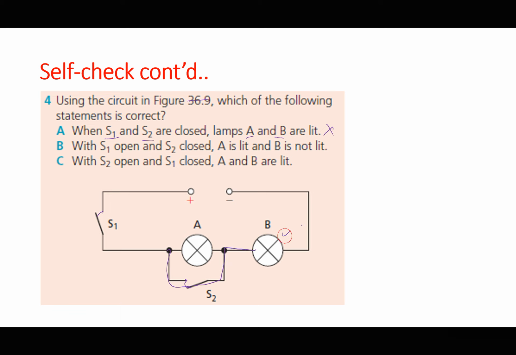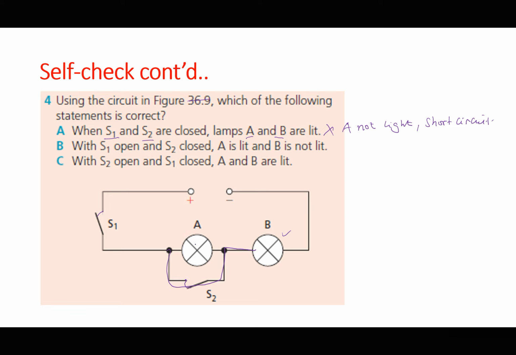So it will only be B that would light if both S1 and S2 are closed. So A will not light. Reason: there is a short circuit. The switch will cause a short circuit, so current will flow through the switch without going through the lamp.